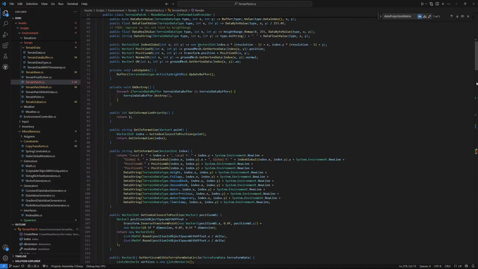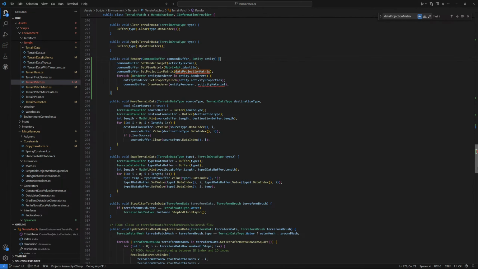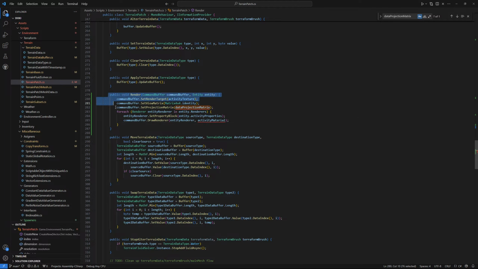Terrain patch. We need to set render target. We don't want to do this too often. We want to set view matrix. Projection matrix is the same. And then for every entity renderer, we render it. Set property block.